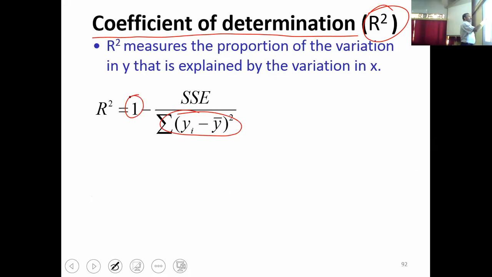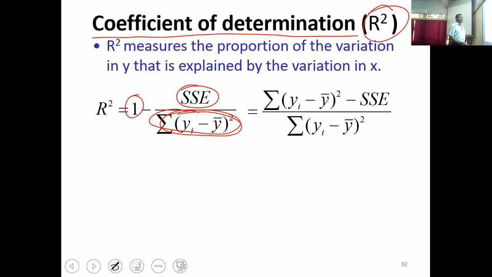So 1 minus sum of squares of error divided by total sum of squares. This can be written as total sum of squares minus error sum of squares, if it is in the table.